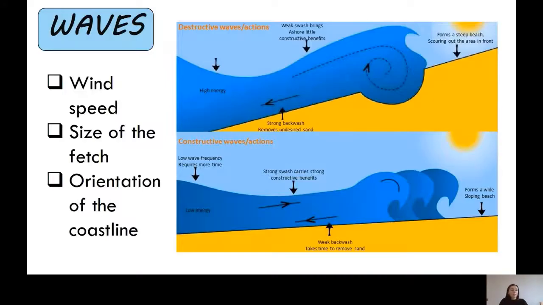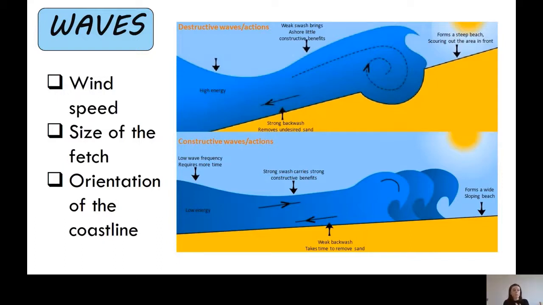Okay. Waves play an important role in the coastline. So waves are generated by wind blowing over the sea. The characteristics of waves are determined by the strength of the wind, so wind speed, its duration and fetch, which is the distance a wave travels, the distance the wind blows on the sea, and the orientation of the coastline.